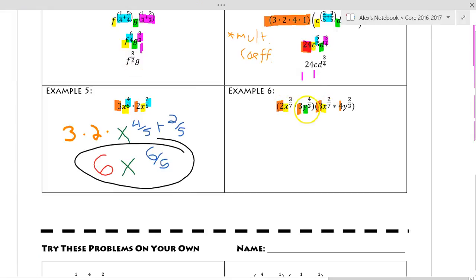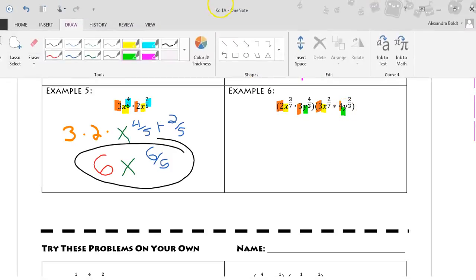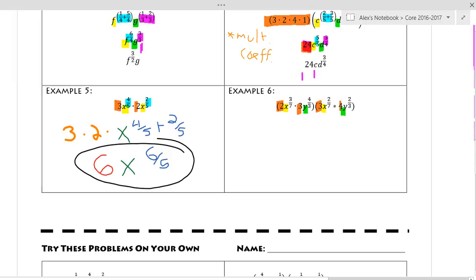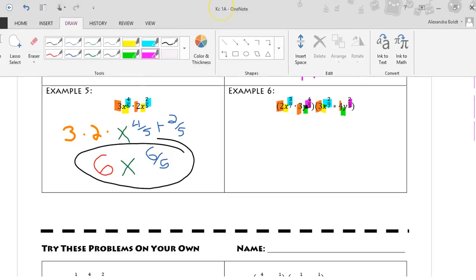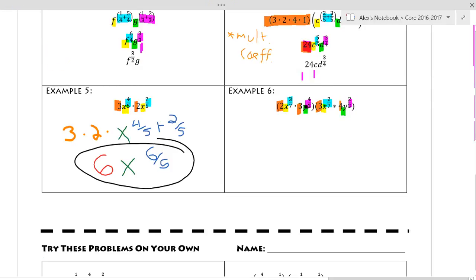And then I have a y here and a y here. So for this one, I do have 2 different bases. So be careful with that. My exponents for x are 3/7 and 2/7. And for y, the exponents are 4/3 and 2/3. So again, I'm going to start by pulling out all those coefficients. I have 2 times 3 times 3 times 4.